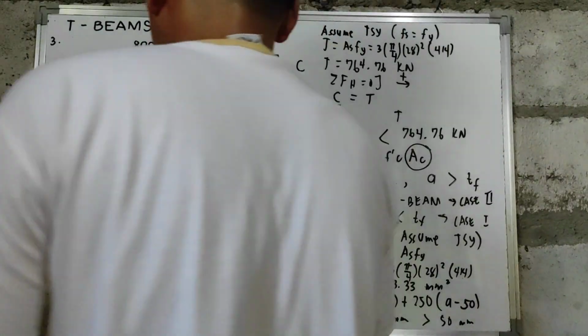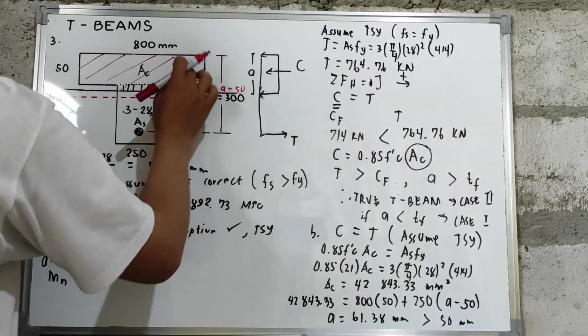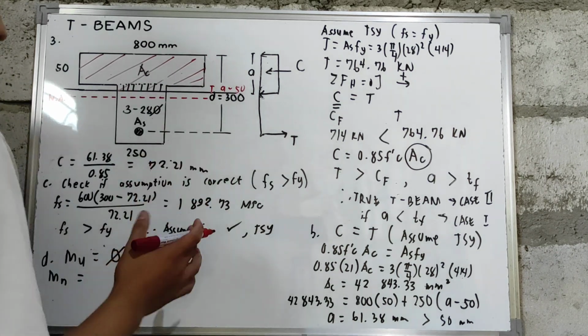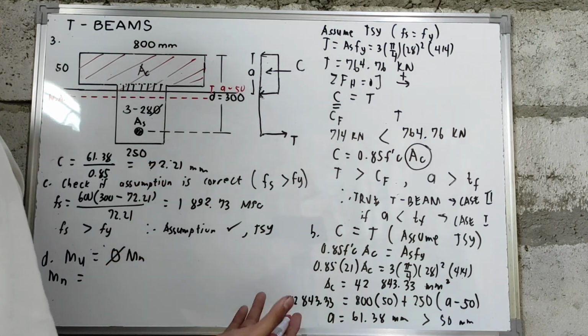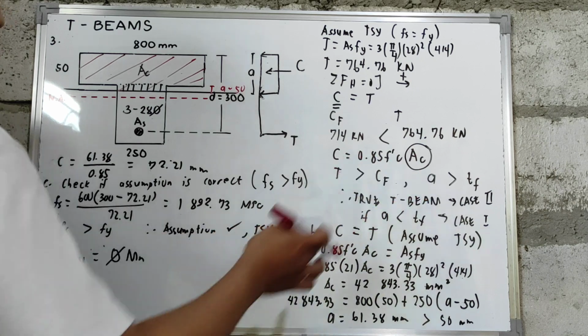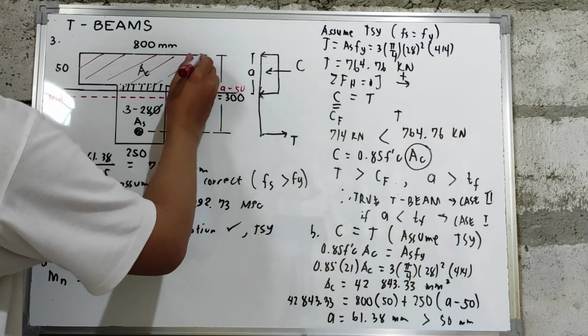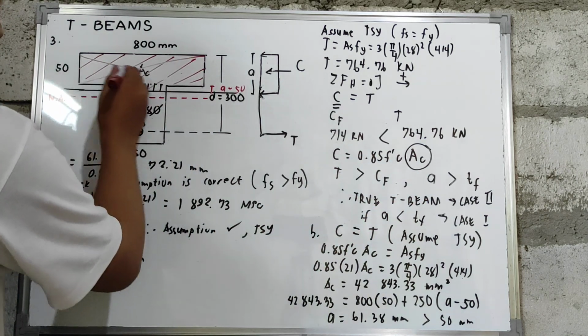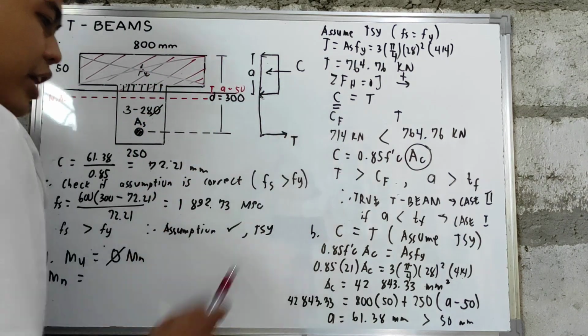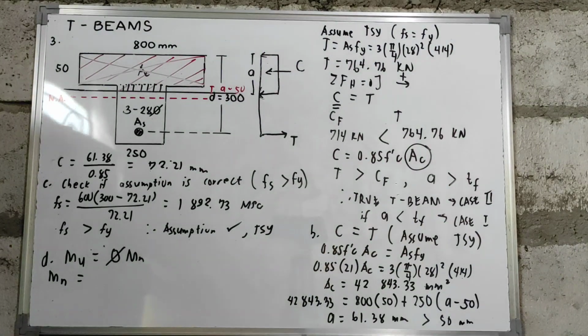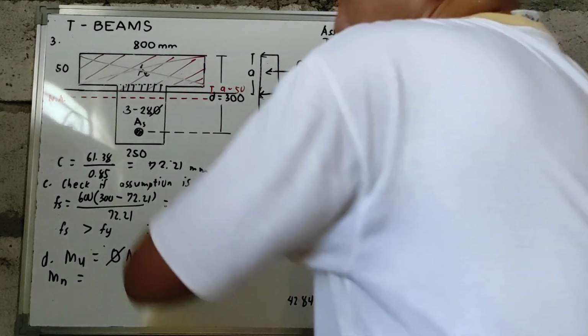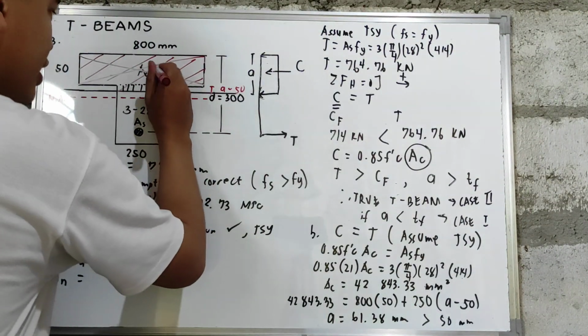So for that, let's say, eto muna. So, yung sa flange muna natin, kapag T-beam lang, kapag true T-beam tayo. So, divide natin siya. So, una is, eto natin, C1 natin. So, gawin natin siyang C1.